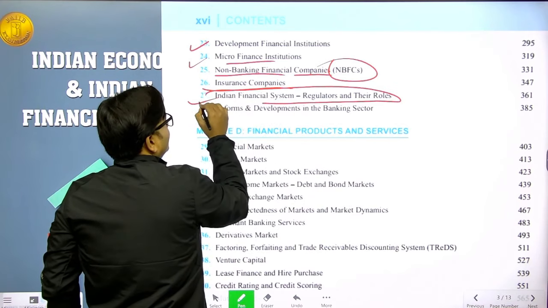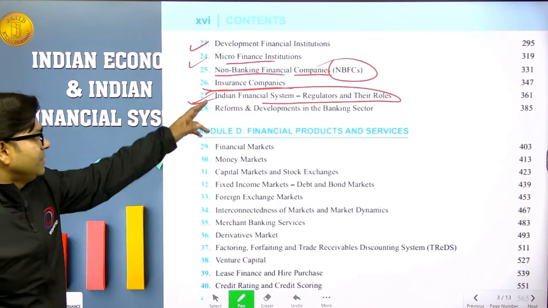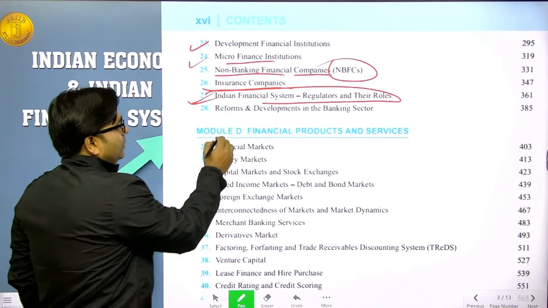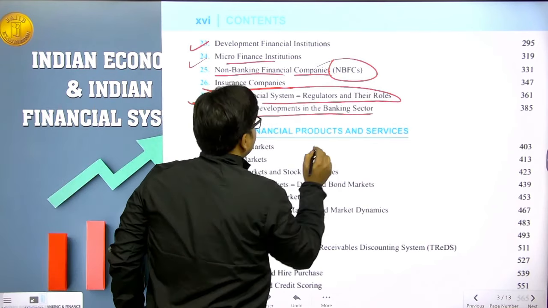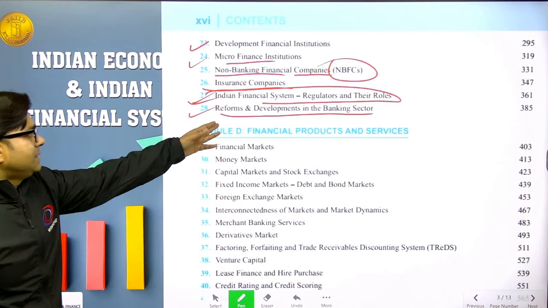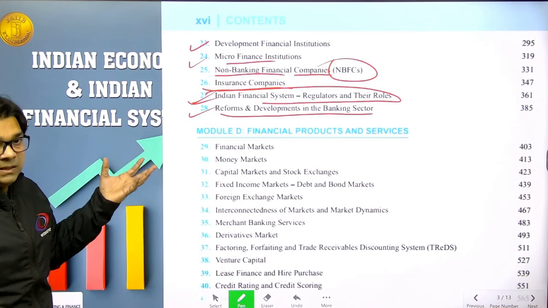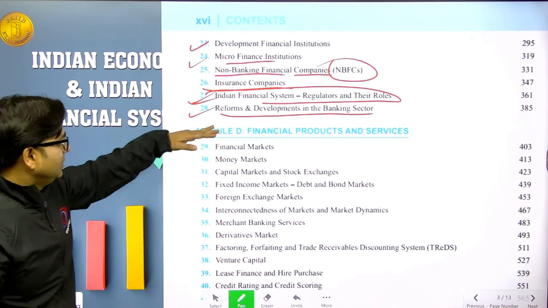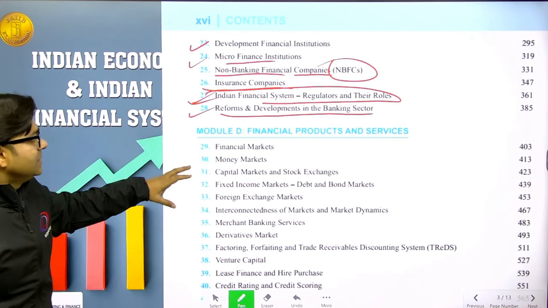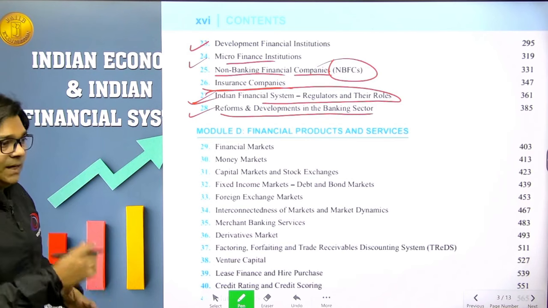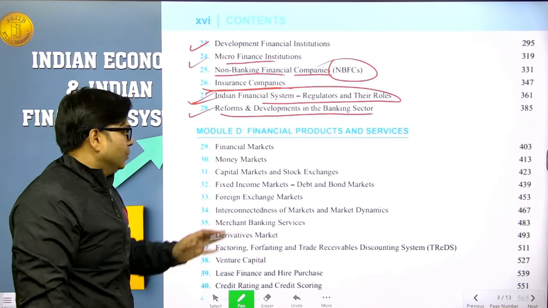This is also one of the topics of Legal and Regulatory Aspects of Banking. Reform and development in the banking sector. This is the latest one, I guess, because that book was not carrying the latest data. I think this book is carrying all the new developments till 2022.